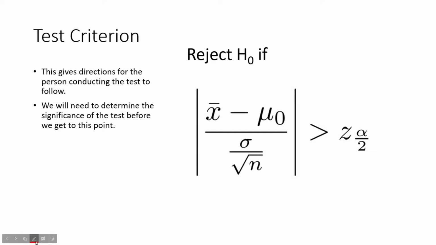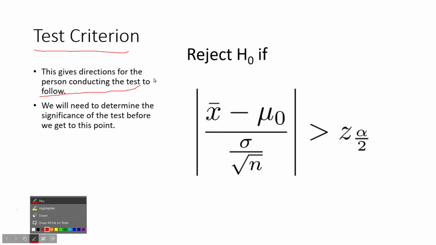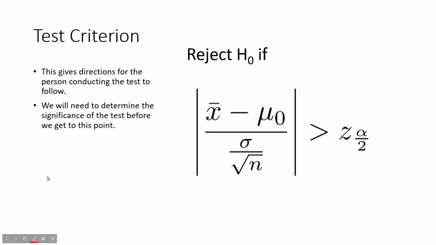Our test criteria. This is the part of our hypothesis test where it gives us the rules. It gives the directions for the person carrying out the test, what needs to be done. And before we can set it, we need to determine the significance. Again, the significance is going to come from the standards of the practice you're in.